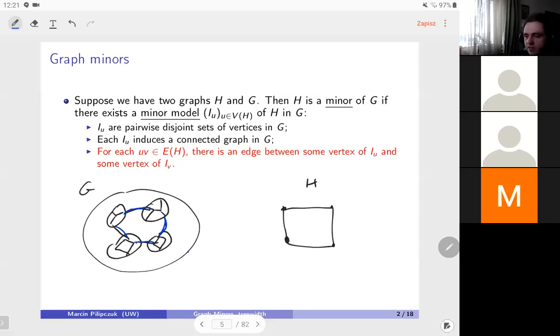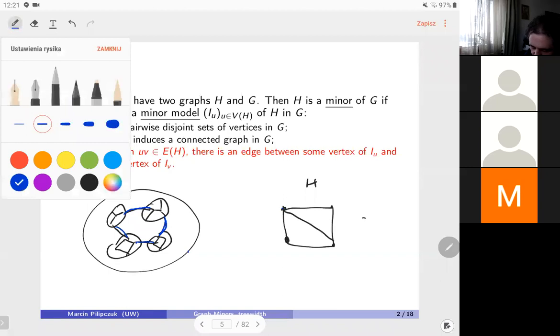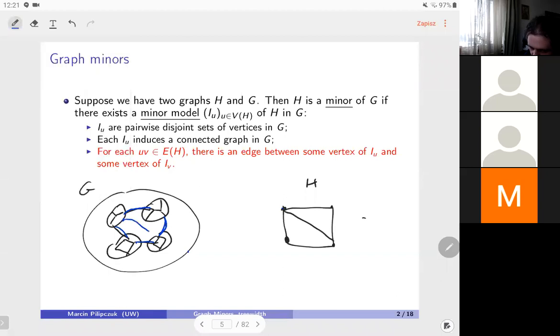So in a sense, you can find this four cycle inside this graph G, but every vertex can be replaced with a connected set, and these sets need to be disjoint. So this is a minor model, and now we say that H is a minor of G because you can find this subgraph looking like a four cycle inside G. Maybe the four cycle is not the best example, but if we were looking at another graph, we would additionally require an edge from one set to another.